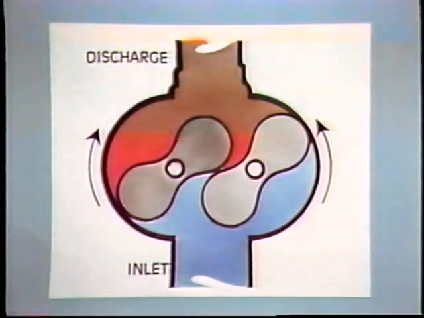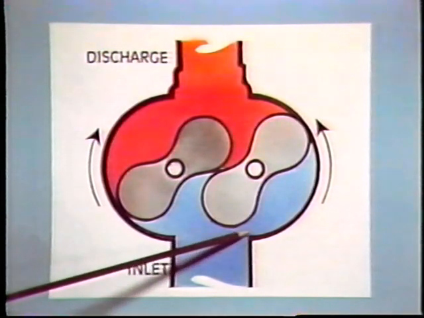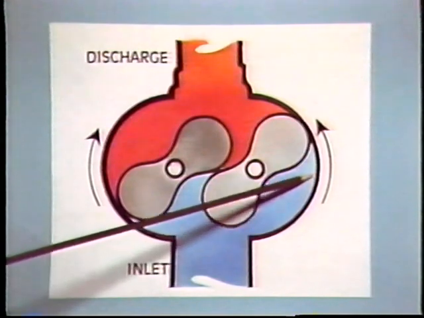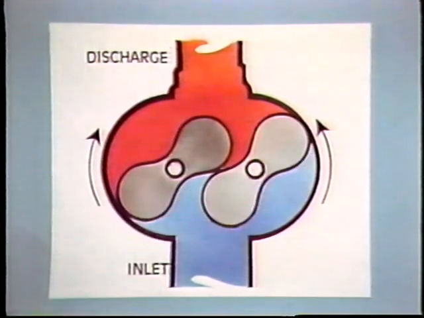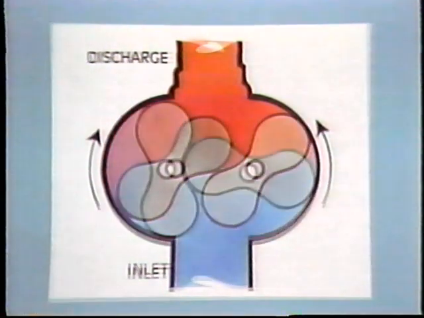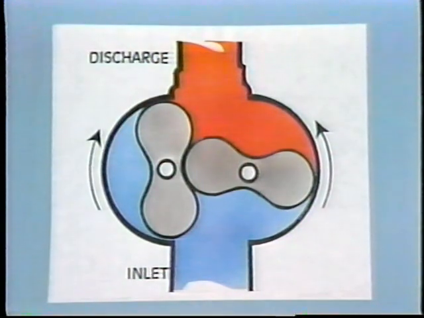A timing mechanism is used to control the movement of the rotors and to prevent clearance problems between the rotors and the pump housing. Air coming in at the inlet gets trapped between the rotors and the housing. As the air is displaced toward the outlet, the volume decreases, causing the air pressure to rise.